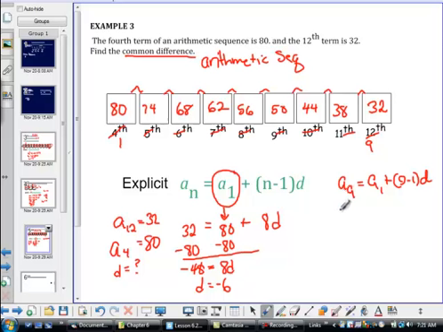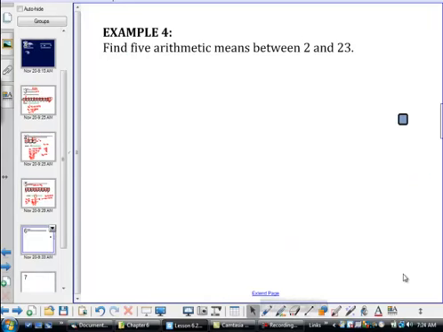Okay, a sub 9 is 32. My first term is 80 plus 8d. We get the same one. So even though they told you it is the 4th term, you can make it the first term and just find your common difference because it's just a sequence. It just goes on and on and on.